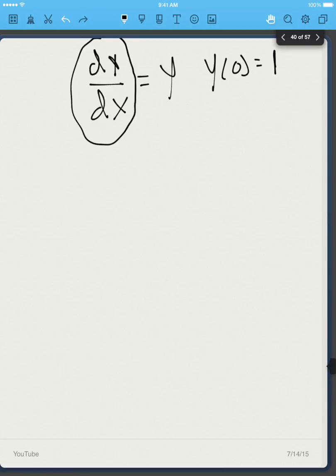And we say that it's linear because the coefficients are not dependent on the solution itself. So this has a constant 1 and this has a constant 1 as well. So it's linear. And that's why we call it a first order linear differential equation.